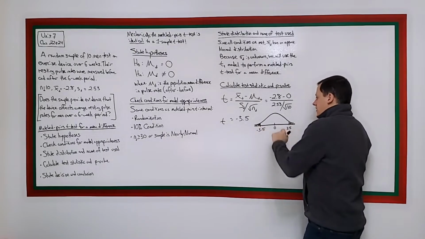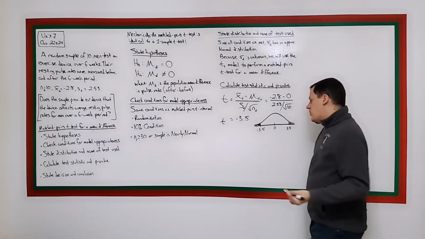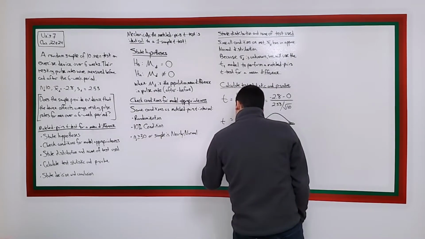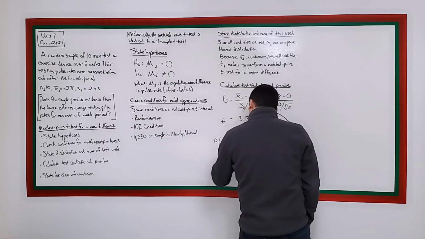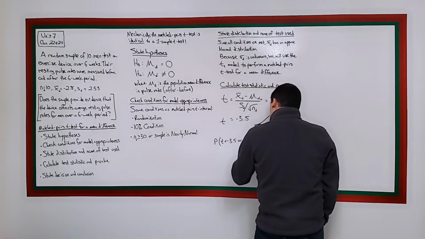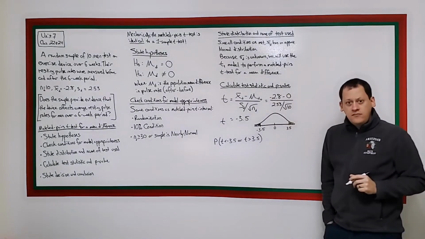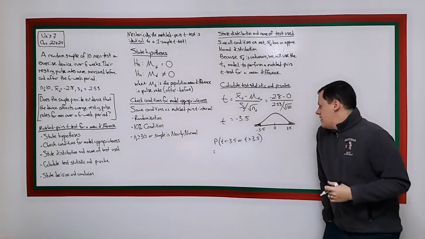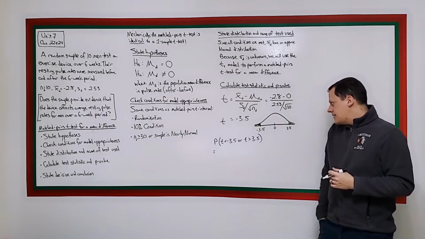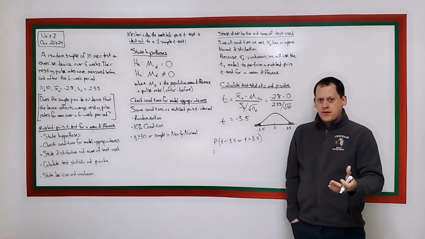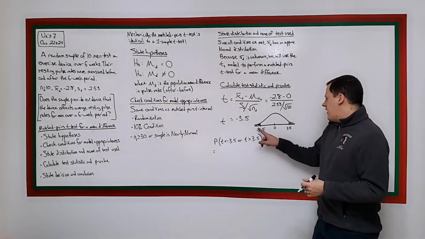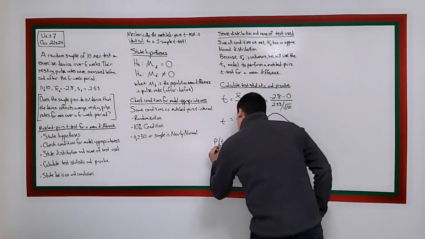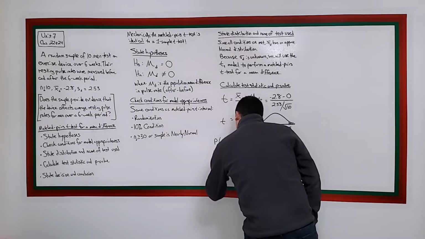So in order to calculate these areas, again, you've got a choice here, but we essentially want the probability that t is less than negative 3.5 or that t is greater than positive 3.5. That's what we're trying to find. So the way I would calculate that, I already know I'm going to be using the calculator here, TCDF. I'm going to find this area to the left and just multiply it by 2. So I'm going to use 2 TCDF.